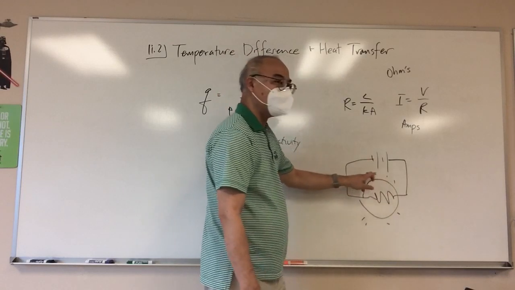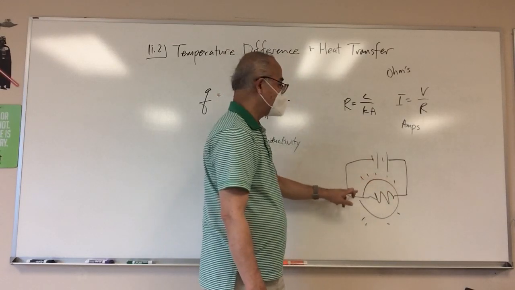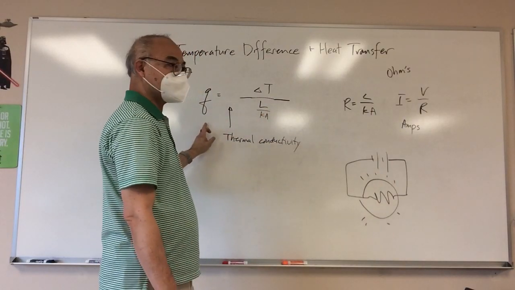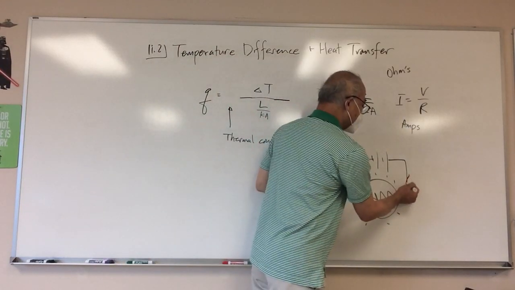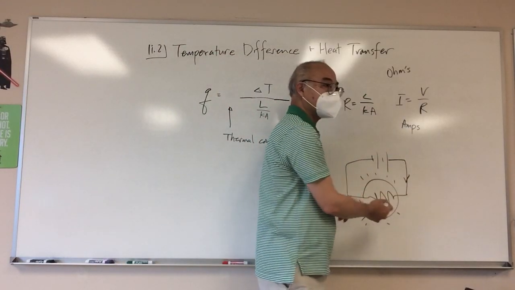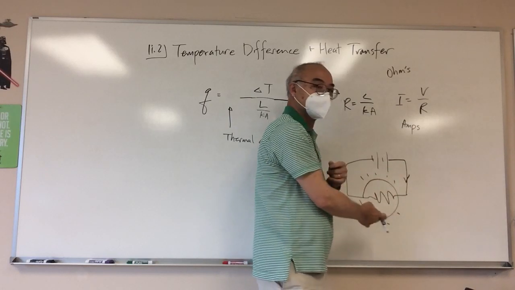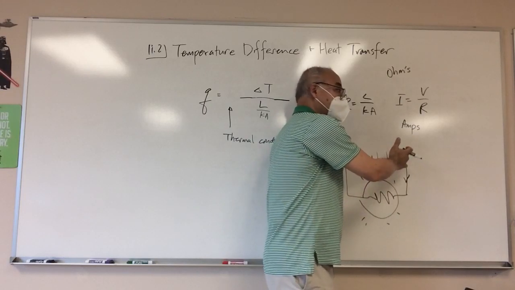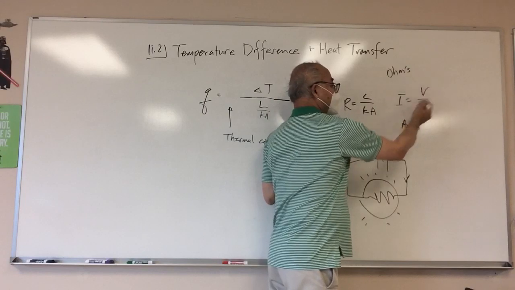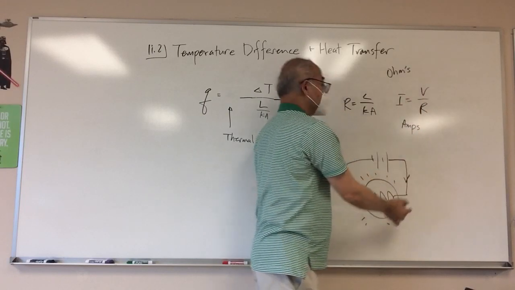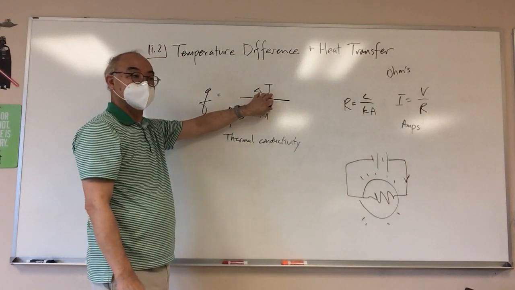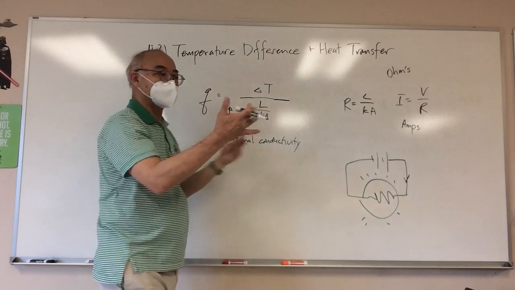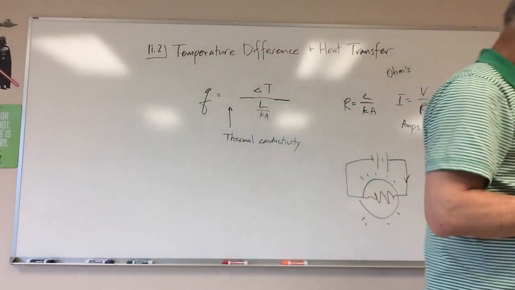Again, the higher the resistance, the less heat transfer, the less current flowing through here, because you have that much more resistance. The larger the voltage, the higher the amps. The larger the temperature difference, the larger the heat transfer rate. They're analogous to each other.